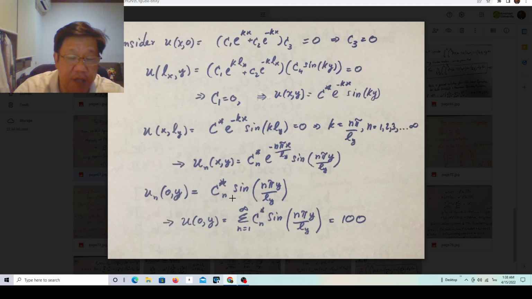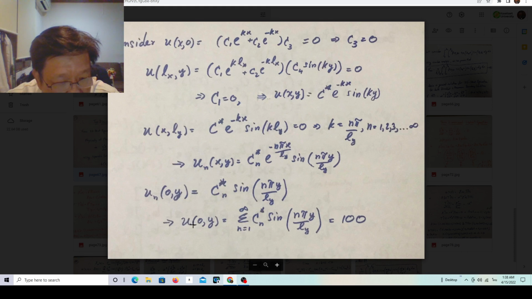And by the superposition principle that we apply for the heat equation, in general u at 0, y can be the summation over all n of c star n, the constant value, times sine of this k y, with this condition having to be equal to 100.